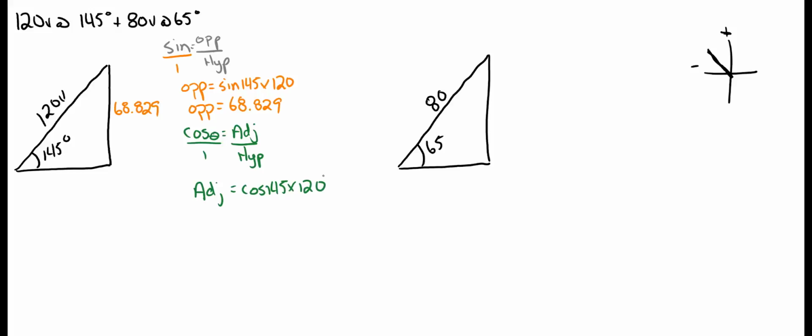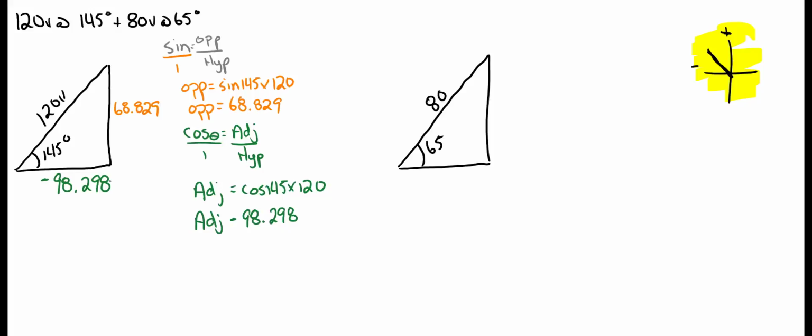Should give me a value of negative 98.298. And is that what we were expecting? Yes. Based on our graphing of our phasor, I was expecting a positive vertical and a negative horizontal. 98.298. Fantastic.